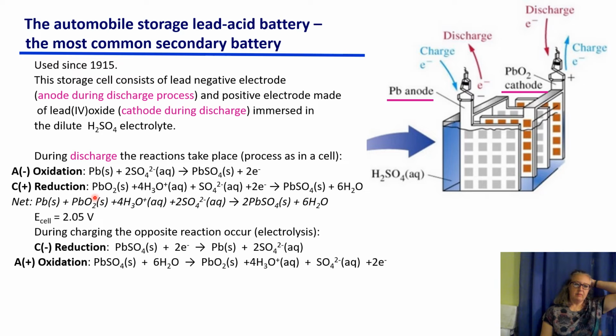During the discharge process, the half reactions in this cell can be considered in two steps. The first one is oxidation of lead to lead 2 plus cations at the anode, and the reduction of lead 4 oxide to lead 2 plus at the cathode.